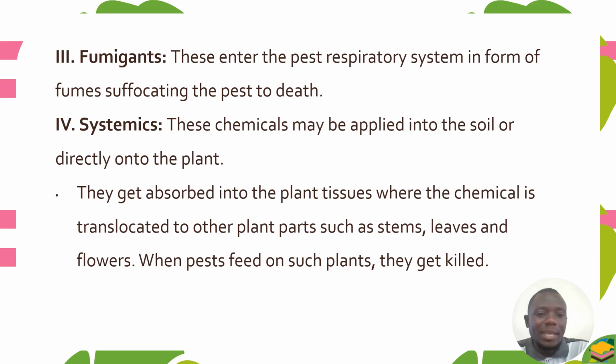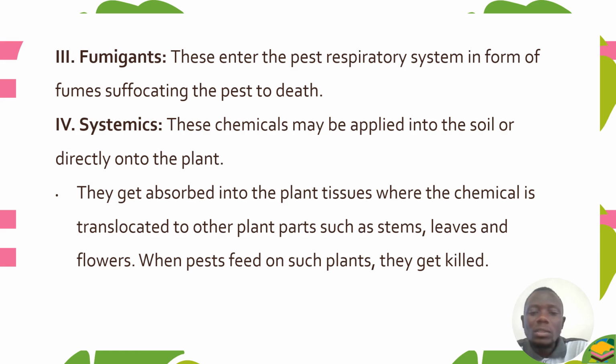Then we've got systemic. These are chemicals that may be applied into the soil or directly on the plant. They get absorbed in the plant tissue where the chemical is translocated to other plant parts such as stem, leaves, and flowers.